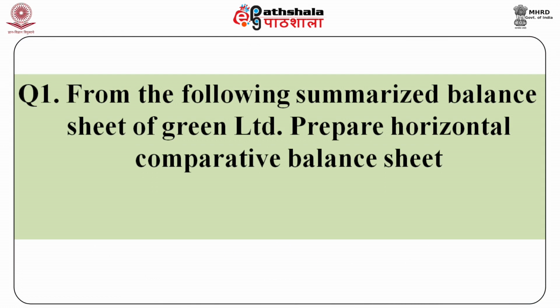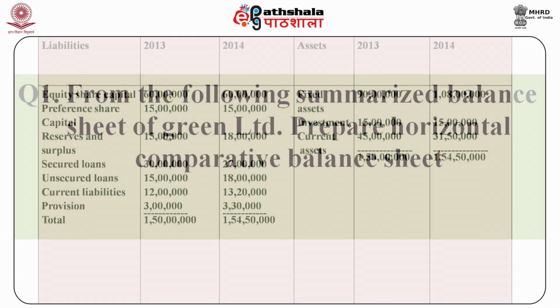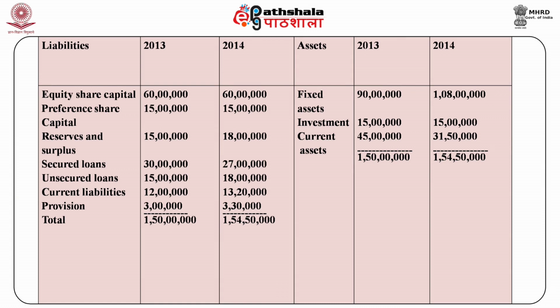The first problem is we have given the summarized balance sheet of Green Limited and we have to prepare horizontal comparative balance sheet. We have been given liabilities comprising of equity share capital, preference share capital, reserves and surpluses, secured loans, unsecured loans, current liabilities and provision.